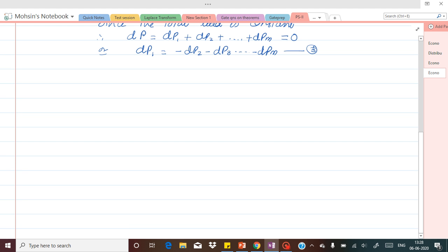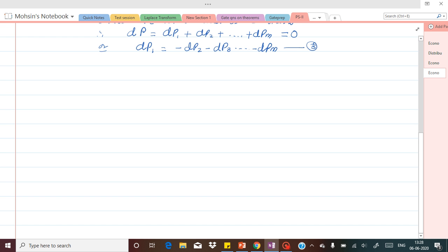Since the input or cost of any operating unit depends only on the output of that unit, the total cost would be minimum only when. Okay, so let me just write these lines first.